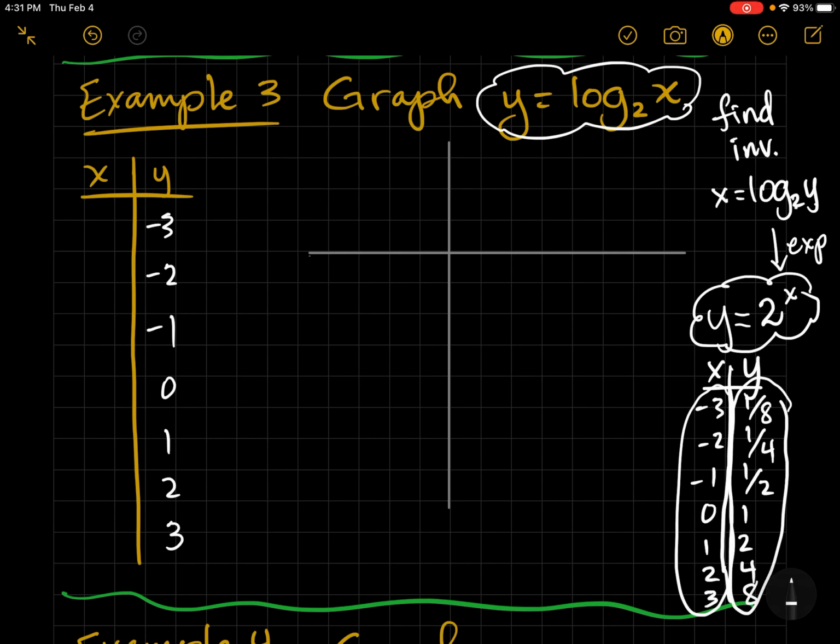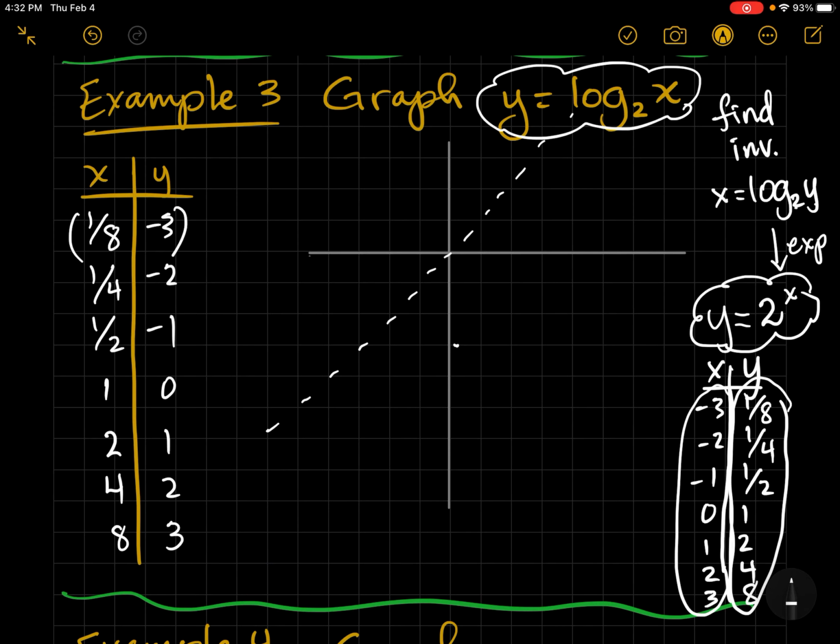And the y values become our x values. This is just a sneaky little way to do this graph. Remember, if we were to graph both, they would be a reflection in this line. But right now, let's stick to the task at hand.